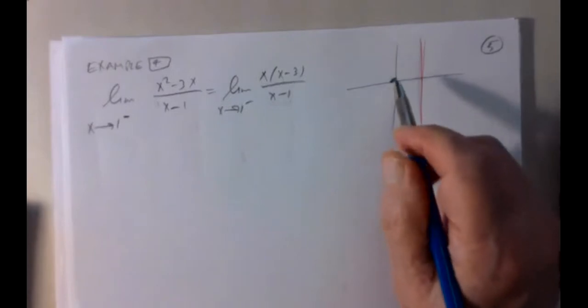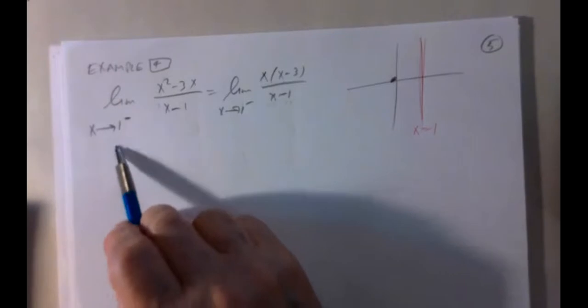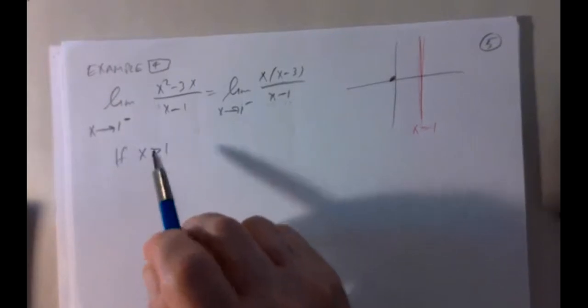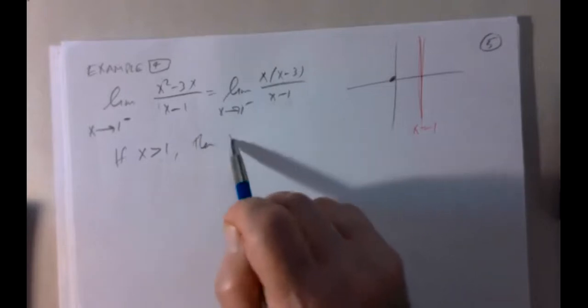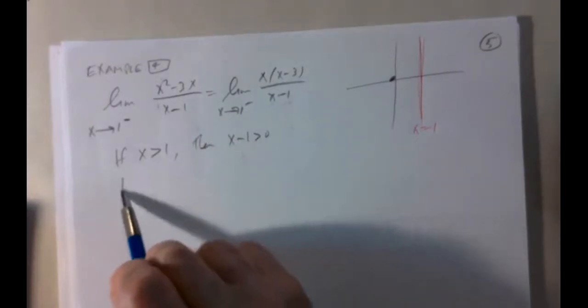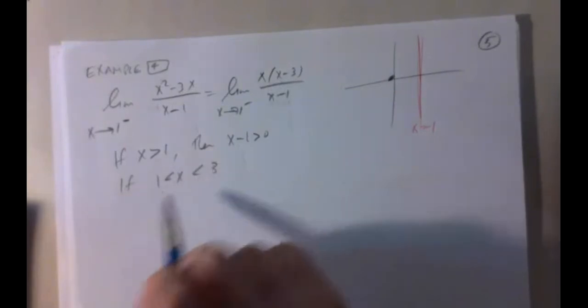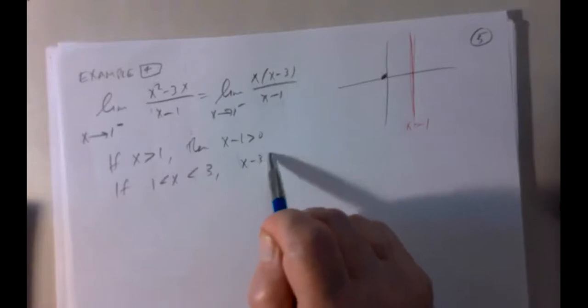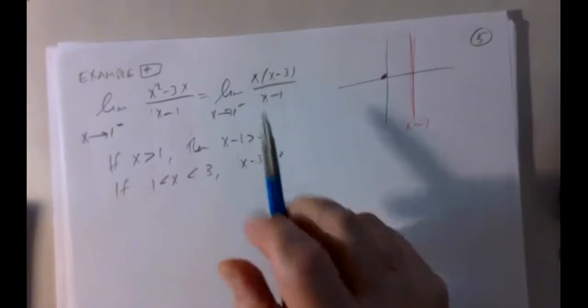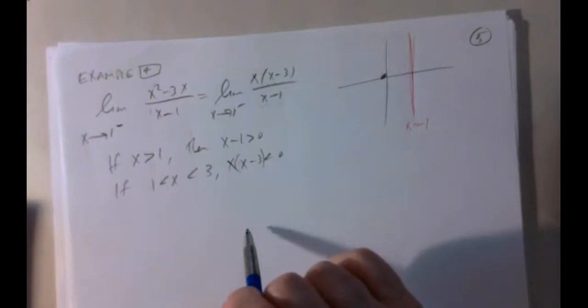I'm trying to find a nice way to understand this. So if x is bigger than 1, then x minus 1 is positive. If x is bigger than 1 but also less than 3, then x minus 3 is negative. So x times x minus 3 is negative.